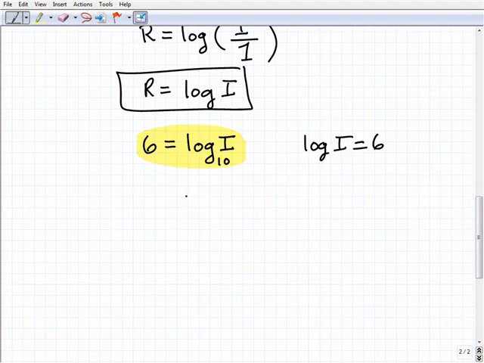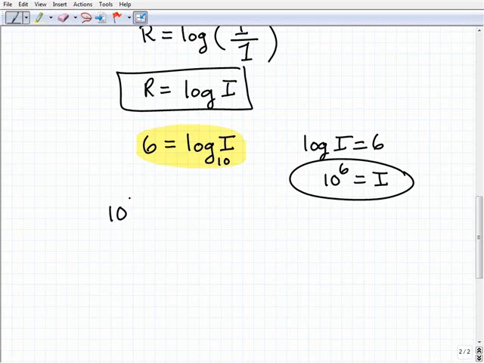Now we know the base here is 10 because this is the common log. The exponent is 6 and the answer is I. So the intensity of a 6.0 magnitude earthquake on the Richter scale is 10 to the 6th power. I'm just going to leave my answer as 10 to the 6th.